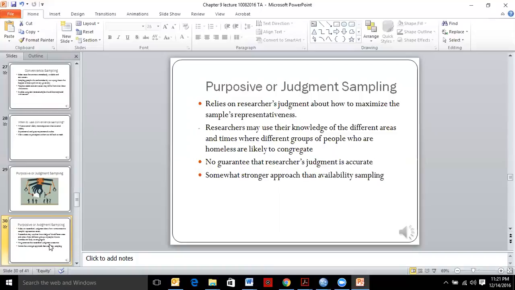So researchers may use their knowledge of different areas and times where different groups of people who are homeless are likely to congregate. There's no guarantee that the researchers' judgment is accurate, and it's somewhat of a stronger approach than availability sampling or convenience sampling.